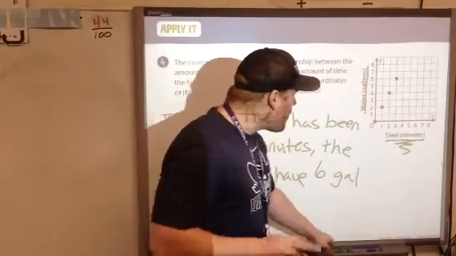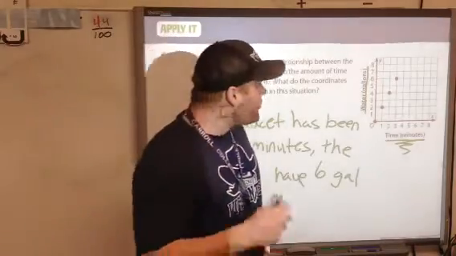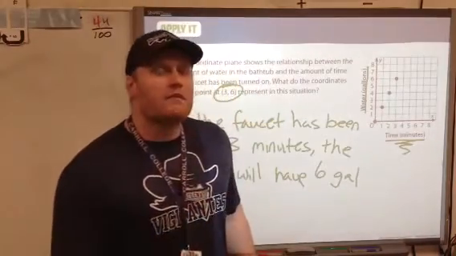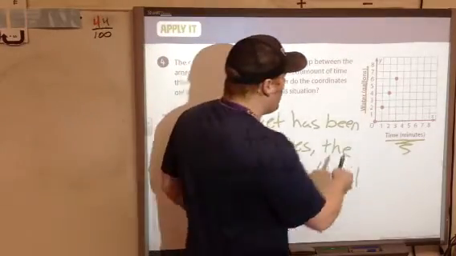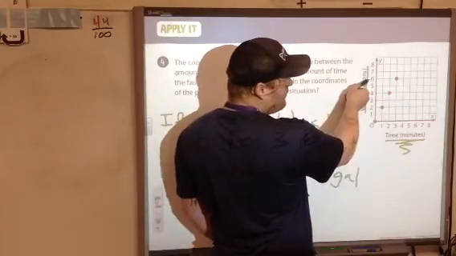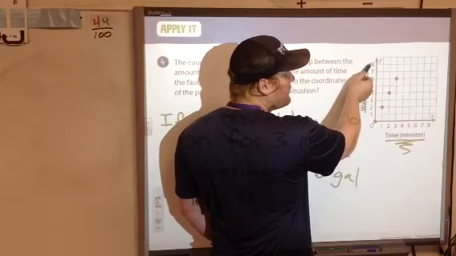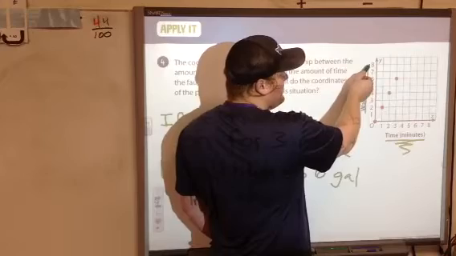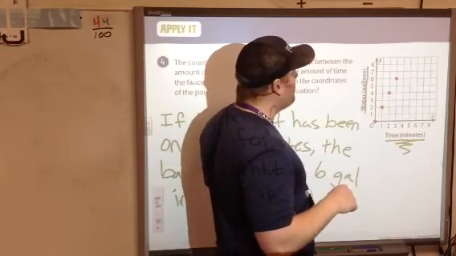So, it already tells us that there's 8 gallons of water in the bathtub, and we have to determine how much time the faucet was on. If I notice, my last plotted point is 6 gallons. So my next one would be 2 gallons up from 6, meaning it's 8 gallons. So what would I have to do?